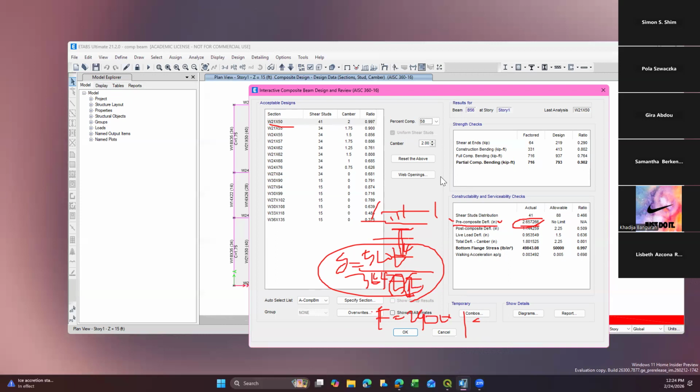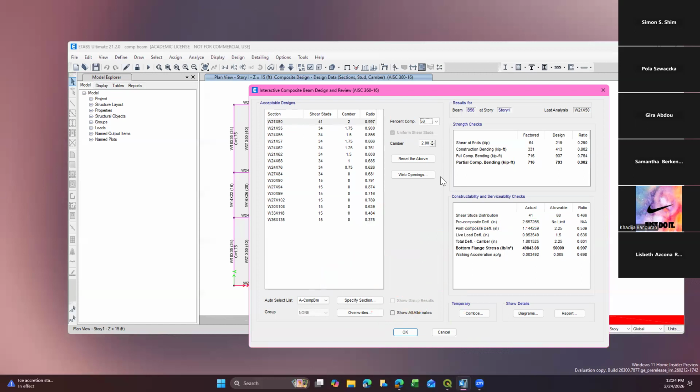The top piece is the loading. So when you pour the concrete, you're going to have a 2.65 inch deflection. Wow, relatively big.